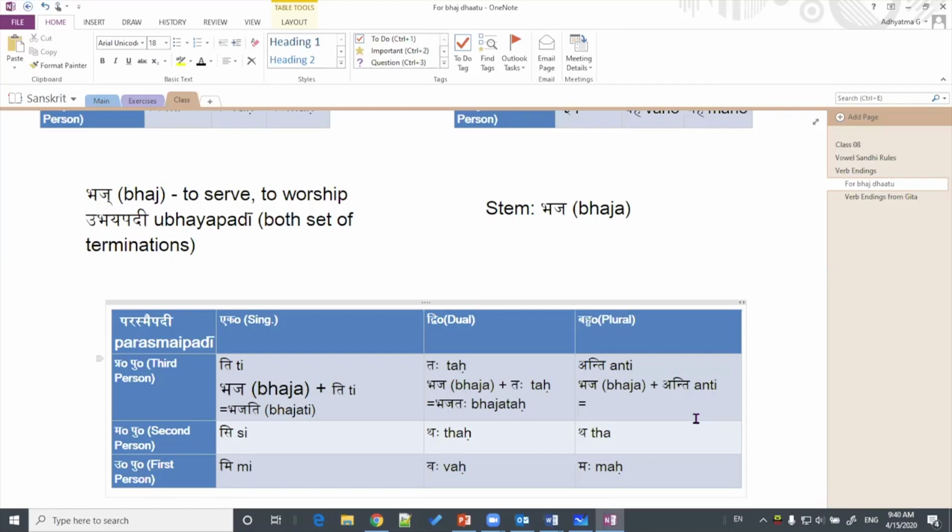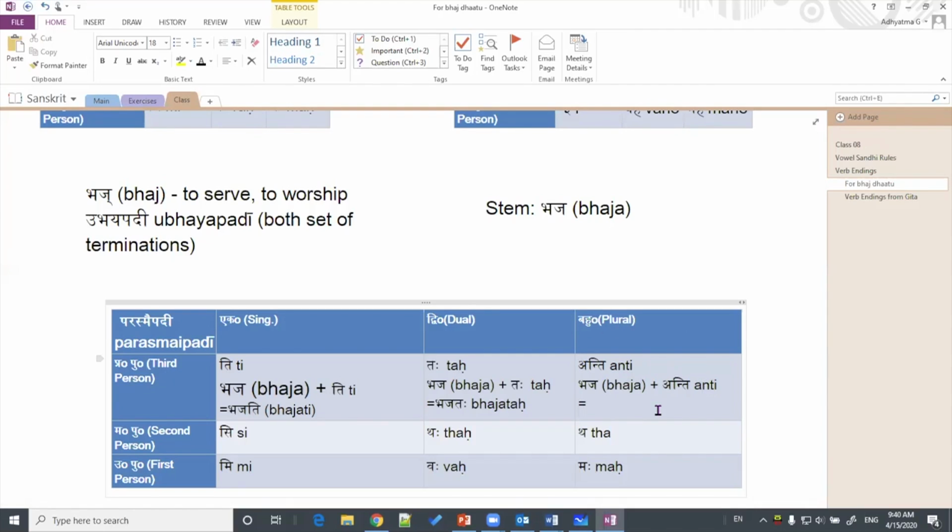So what is going on here? There are multiple rules when we make these verb forms, and Panini states one rule that in this case, akara plus akara will not become a long akara, it will remain short. That is just a rule stated by Panini, and we study those rules in quite advanced Sanskrit classes, maybe even higher than level 2 or level 3.